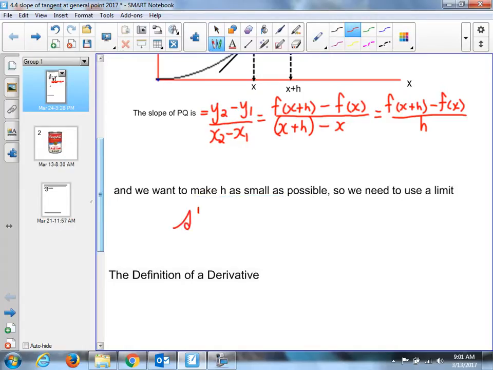So the slope is equal to the limit as h approaches 0. Will it always be approaching 0? Yeah, it will, if we're finding the derivative.